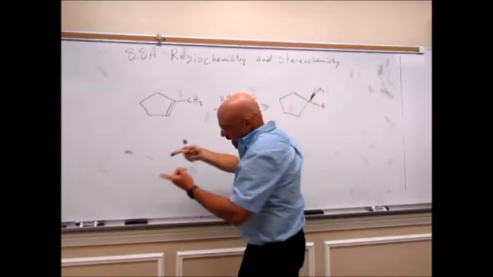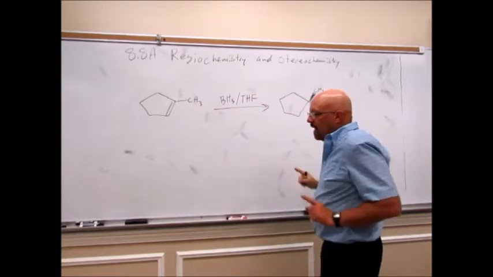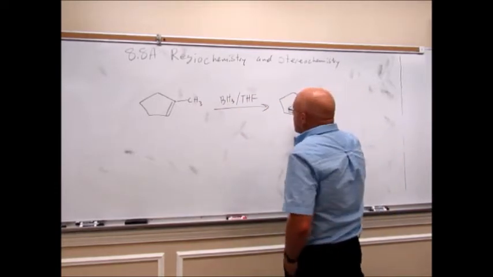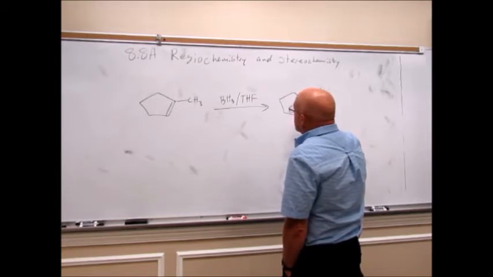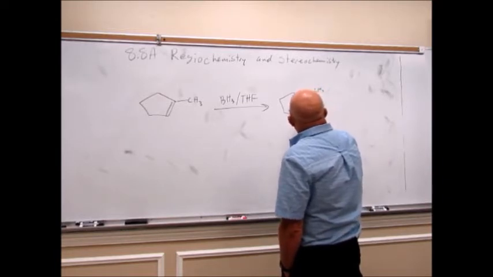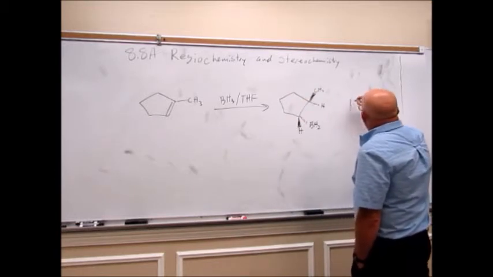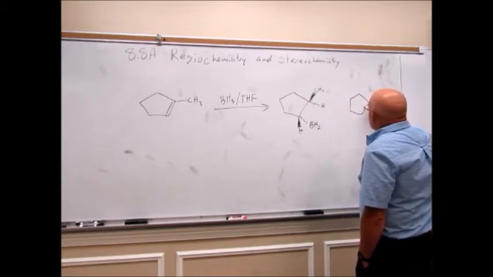Now, we saw as the hydrogen and the boron added, they added at the same time. By mechanism, they added at the same time. I'm going to draw two different ones here.